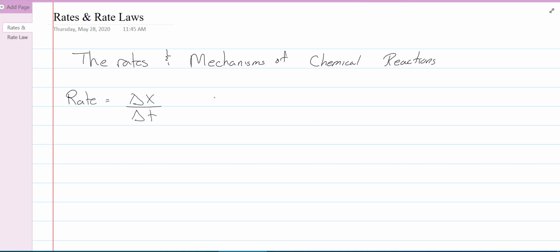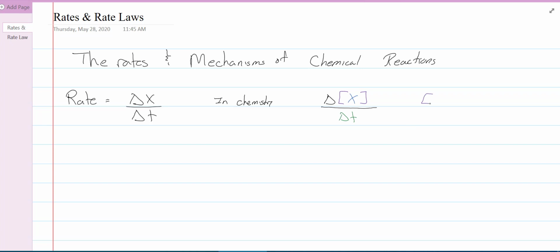So in chemistry, we care about the change in brackets, change in concentration. It's going to be change in concentration with change in time. And so this would be X, our compound.